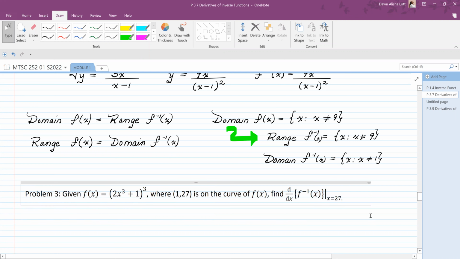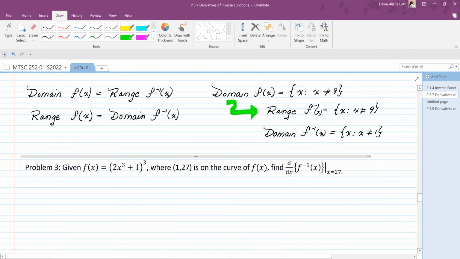I have a function, f of x is 2x cubed plus 1 cubed, and the point (1, 27) is on the curve.